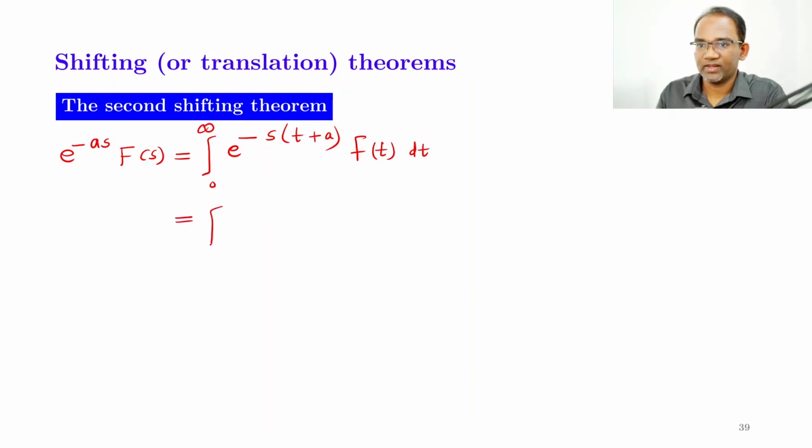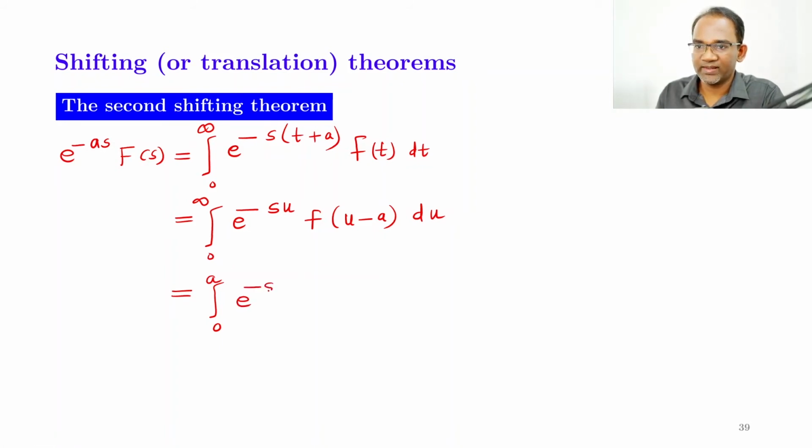This is the integral from 0 to infinity of e raised to minus su, f of (u minus a) times du. And this is equal to the integral from 0 to a, so we have split the limits, of e raised to minus su, and within this limit f of (u minus a) is 0. So this first term is 0, plus the integral from a to infinity of e raised to minus su, then f of (u minus a) times du.